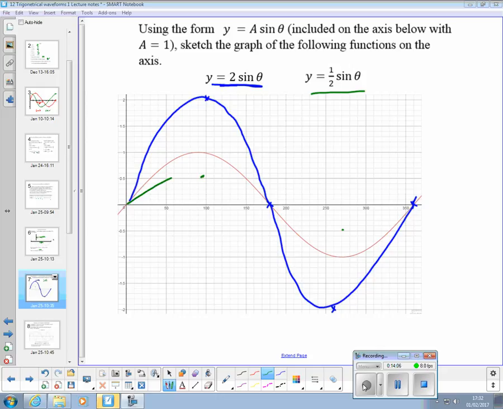So you should have something along those lines. So that's what changing the amplitude does to a sine function with the angle in degrees.